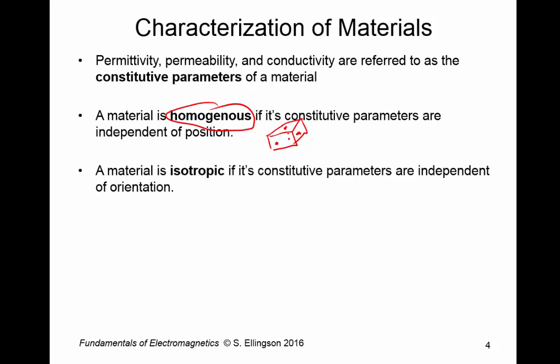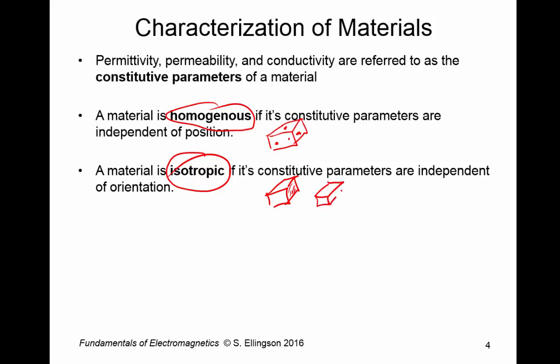We say a material is isotropic if its constitutive parameters are independent of orientation. So you could take that same block, you could identify a face. Here's one of the faces. If it's isotropic, it doesn't matter how I've oriented that block.